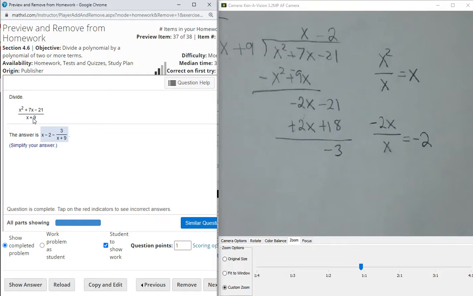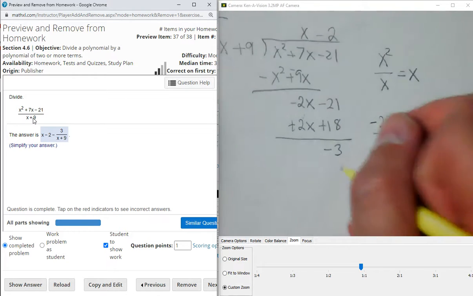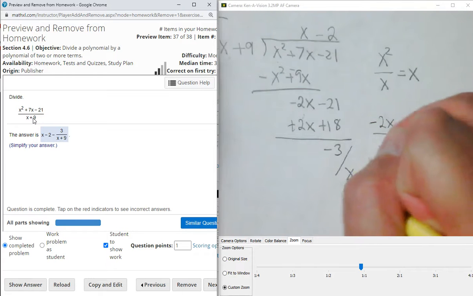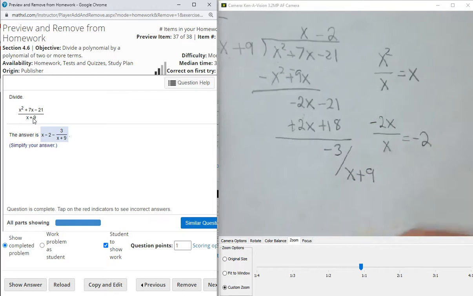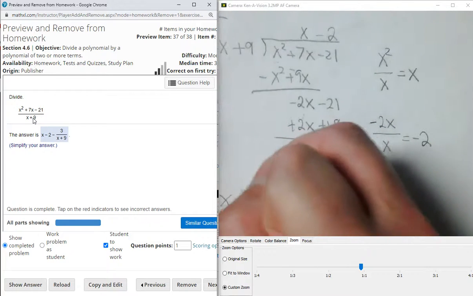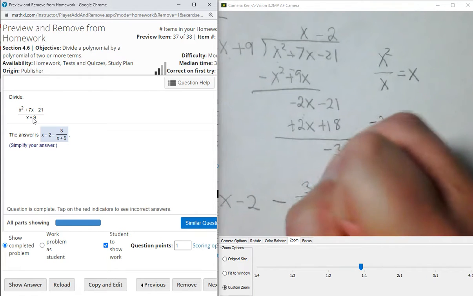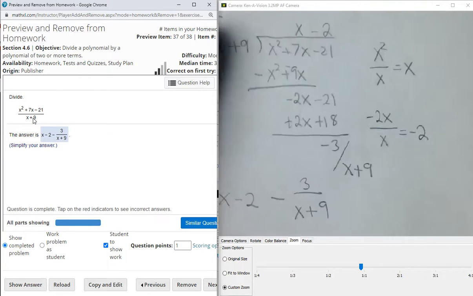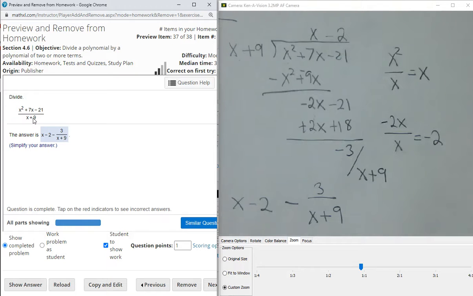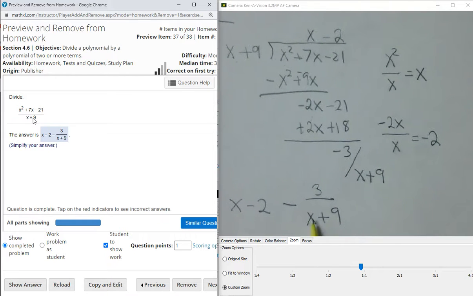So what I do with that remainder is put it over the divisor. My answer would be x minus 2 minus 3 over x plus 9. That would be my quotient and then the remainder.